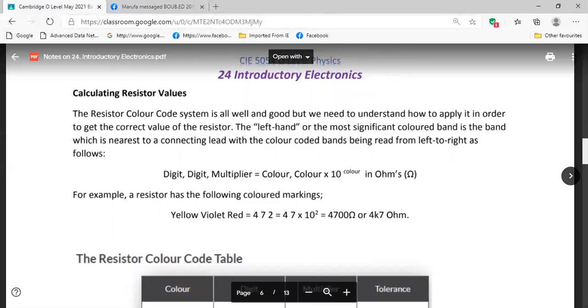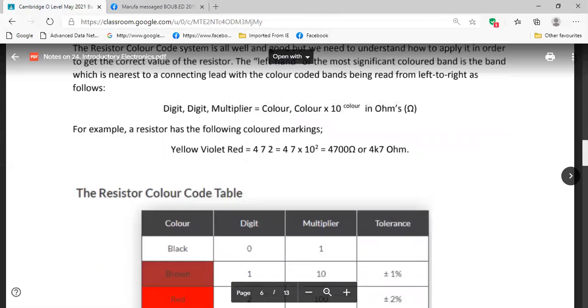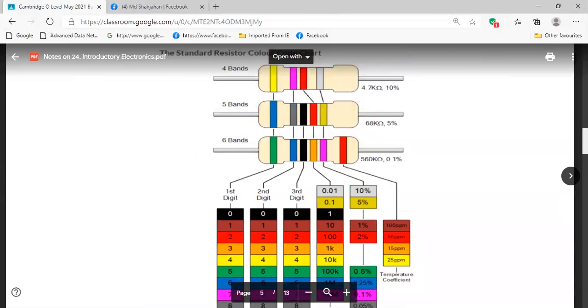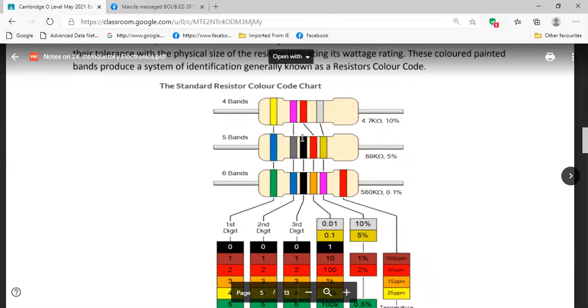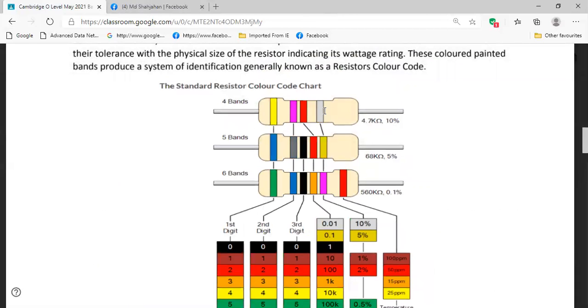Look, here we have some resistors which have 4 color bands, right? Yes. Which have here 5 color bands, which you see 6 color bands.